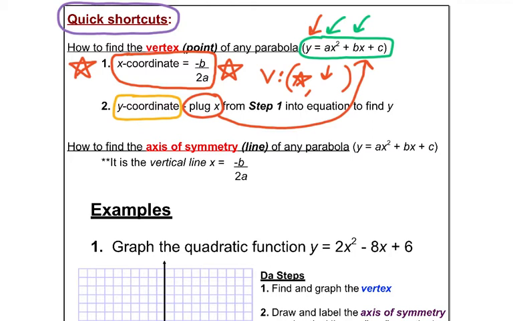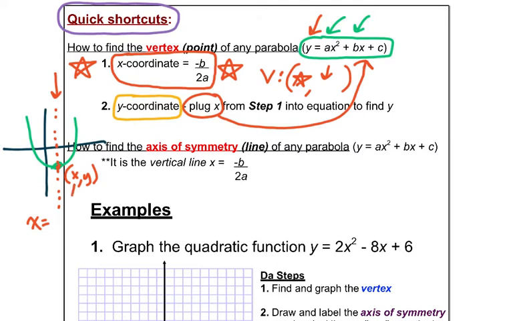But remember, on these graphs, when you have a parabola and a vertex, the vertex is always the point that also crosses through the line of symmetry. So if this is my vertex here, some x comma y, do you believe that the value of this vertical line will be x equals the same x value of the vertex?